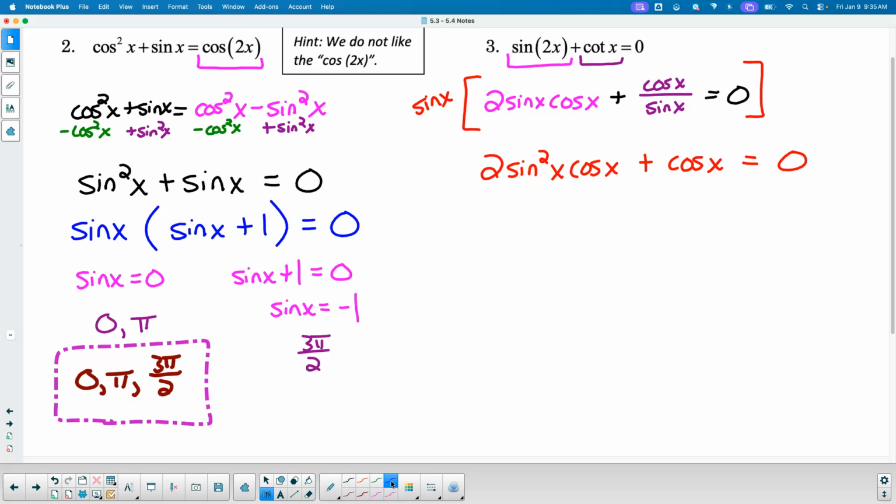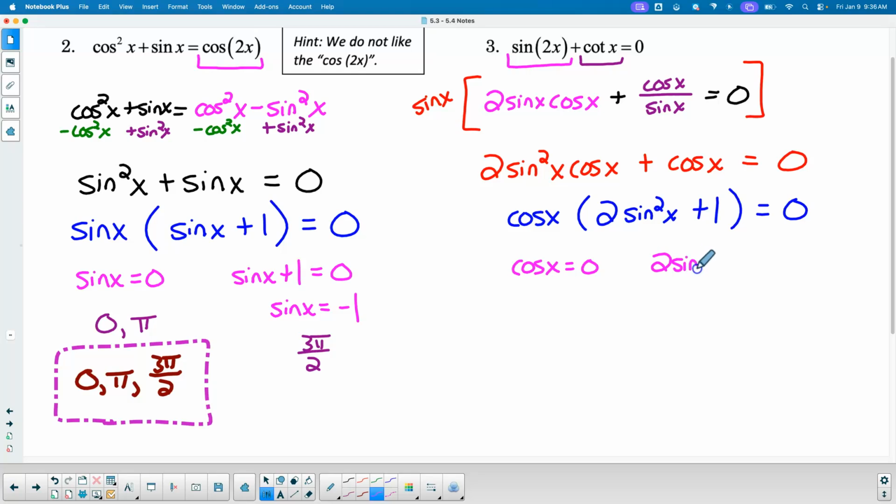Factor out a cosine. Set my factors equal to 0.